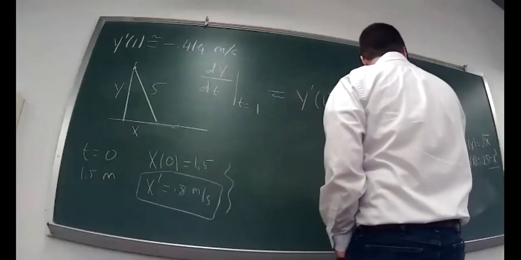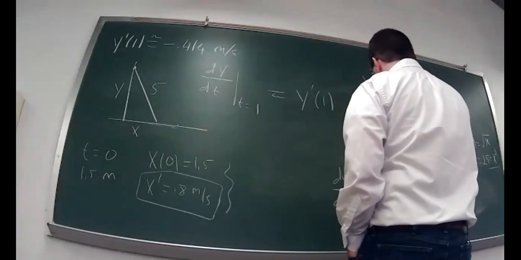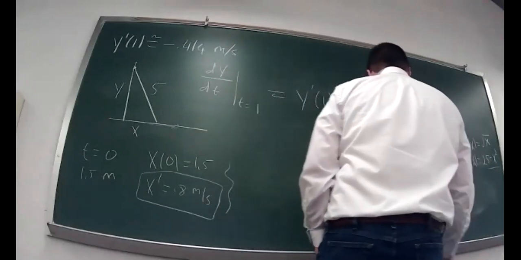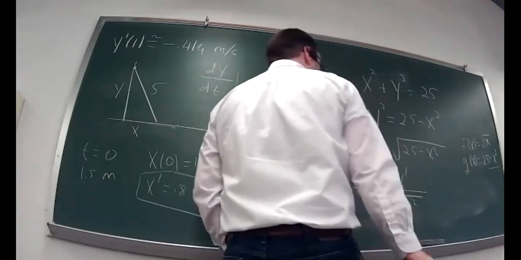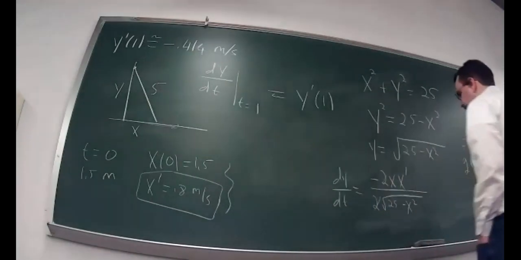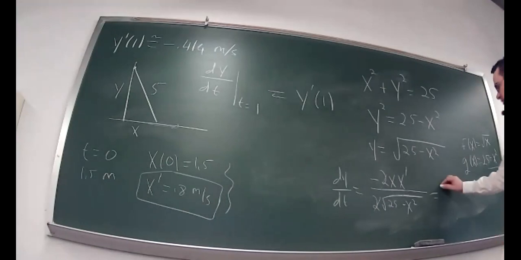Well, derivative of 25 is 0, and derivative of negative x squared is minus 2 times x prime. And the 2's will cancel for you. And then you'll be left with plugging in what happens at t equals 1. So when t equals 1, we figured out that x was 2.3, so you would get minus 2.3. And x prime was given to us as 0.8.